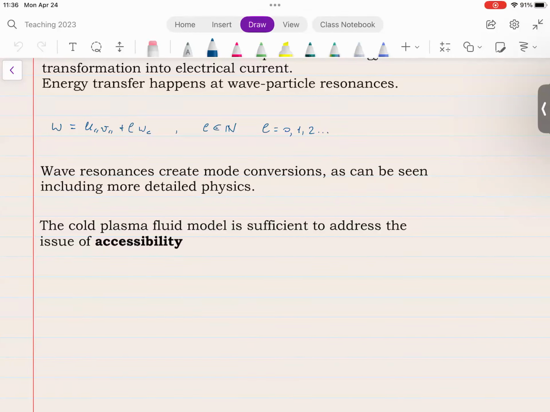We're going to look at accessibility. By accessibility, I mean the answer to the question, can the wave get to the point in the plasma where I want it to go?